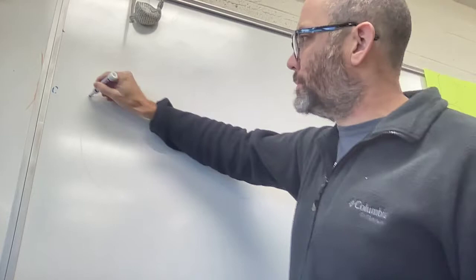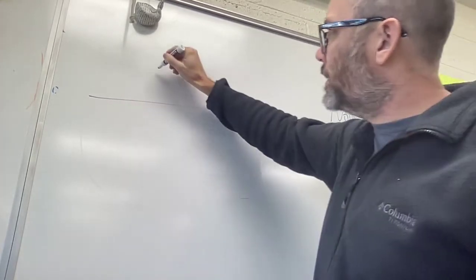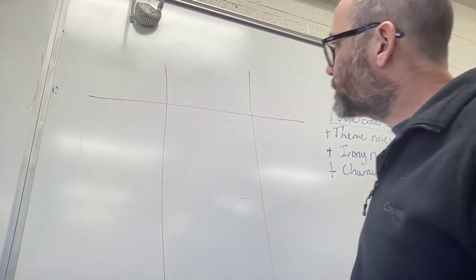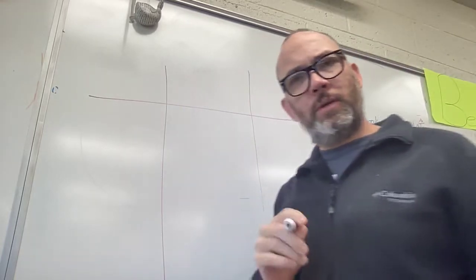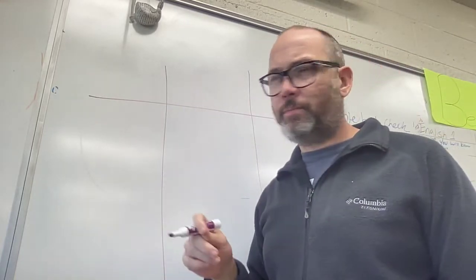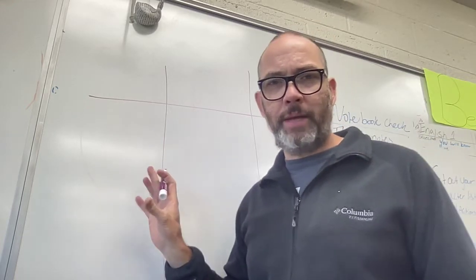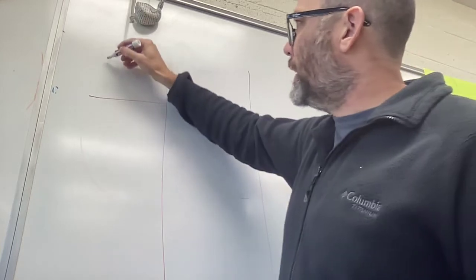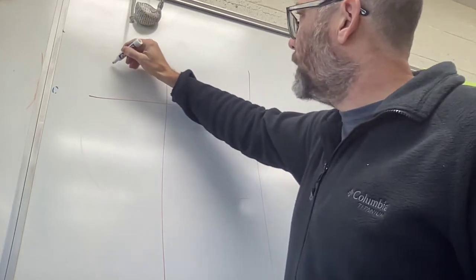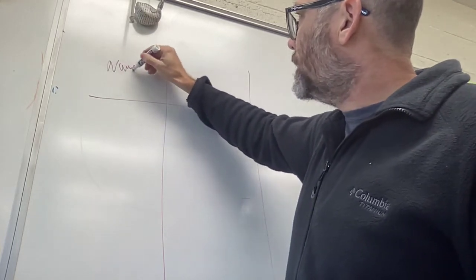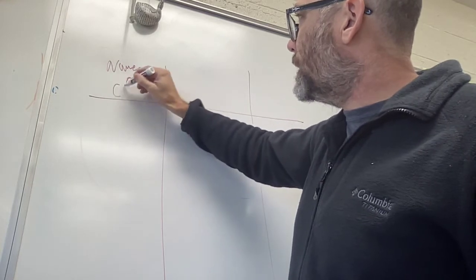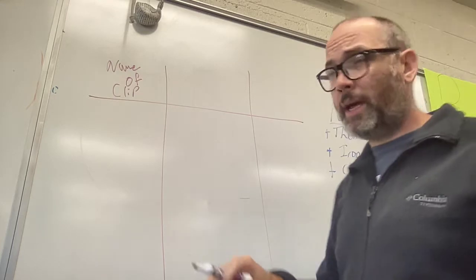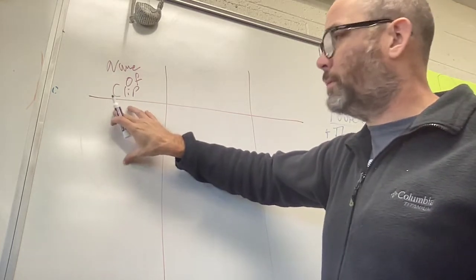We need a chart that looks like this, a 3-column chart. Look on Schoology for this. I'm probably going to make this for you, and then you can use it to do the assignment. First of all, you're going to give me the name of the clip or ad or whatever we're looking at here, and maybe a description.